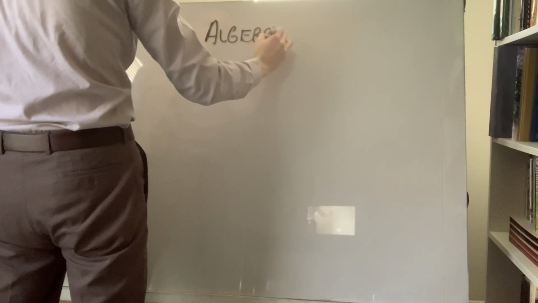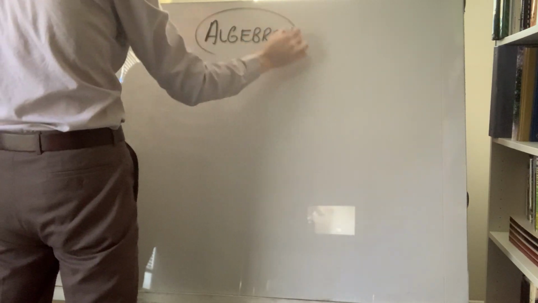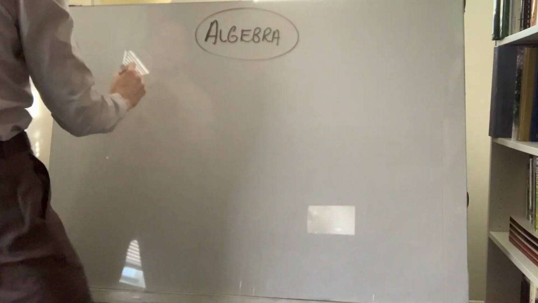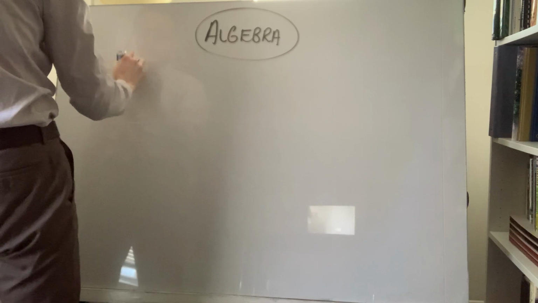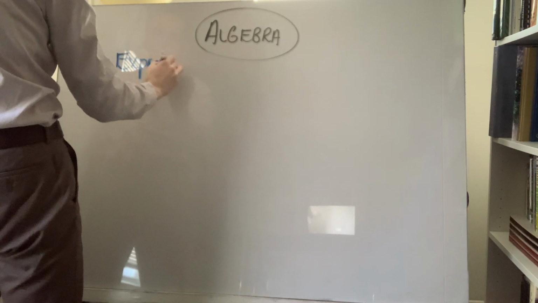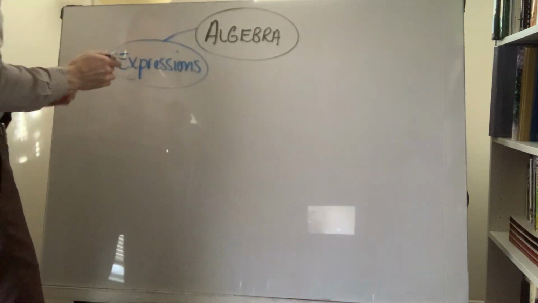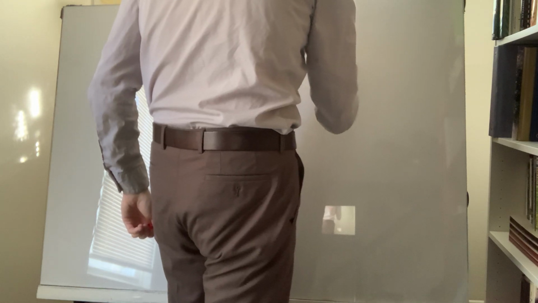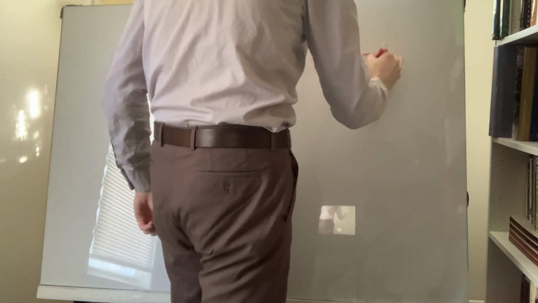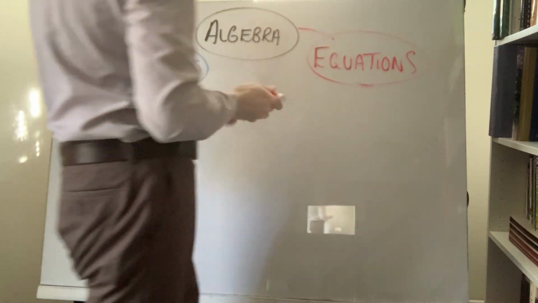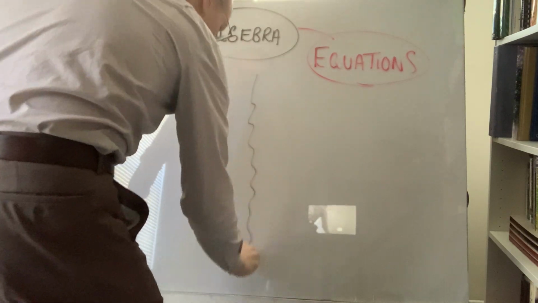there are two basic types of problems that you are likely to see. The first are expressions. I had alluded to this yesterday. And the other type are equations. And let me just give a little line here, separate.